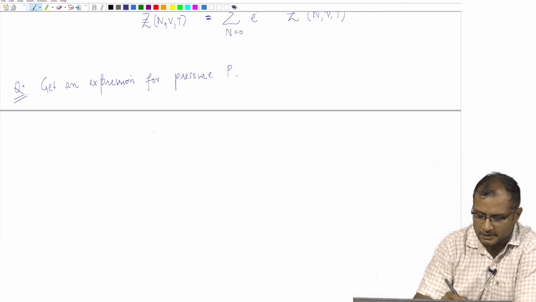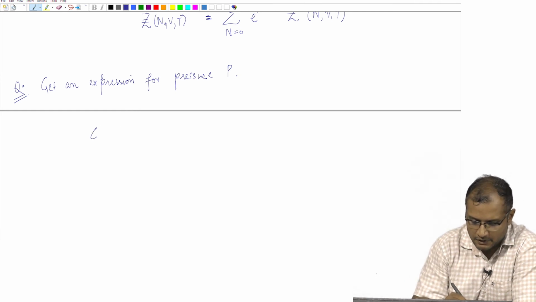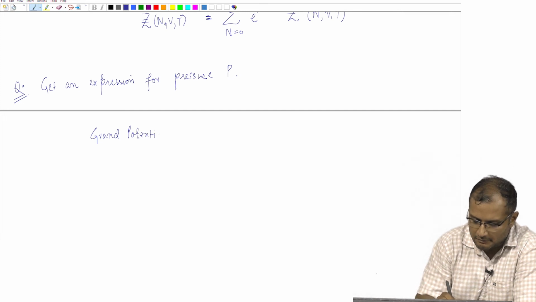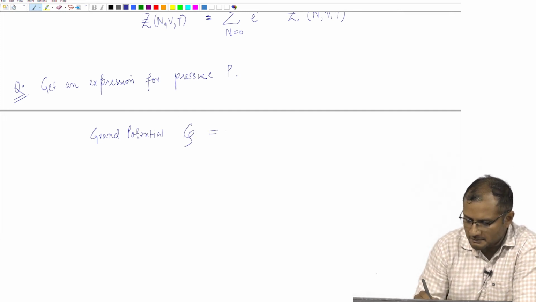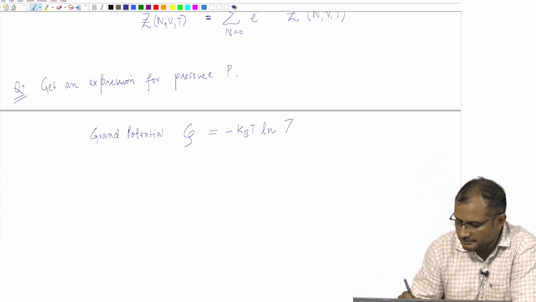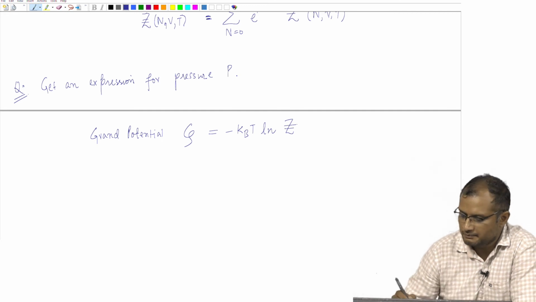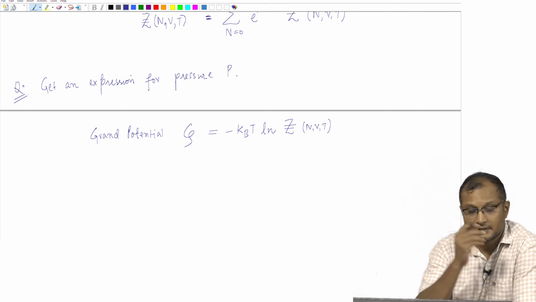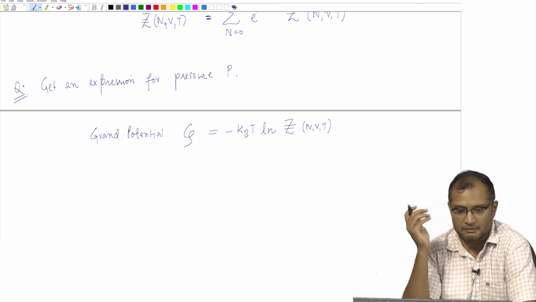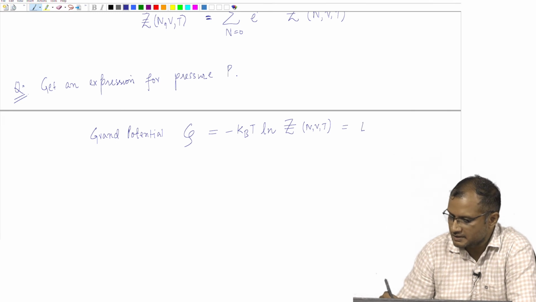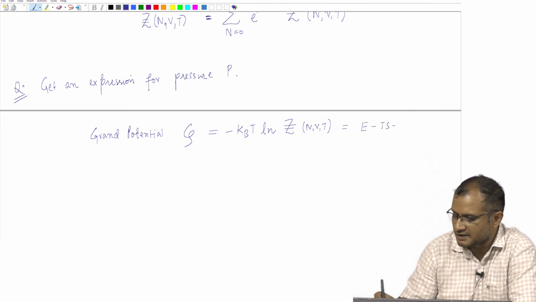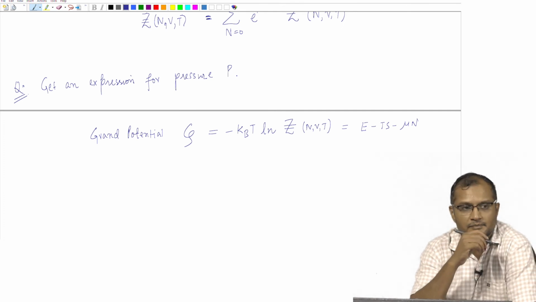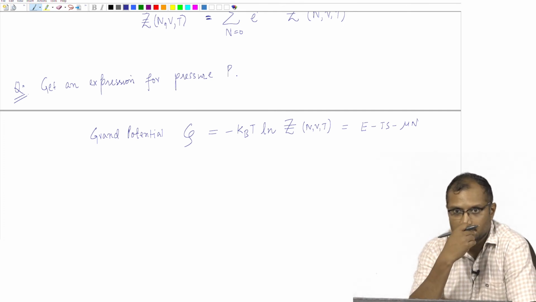If you know the relationship, the grand potential is minus kBT ln of the grand partition function, then you can straight away do your problems, and this grand potential is nothing but E minus Ts minus mu n. This may also be provided to you.